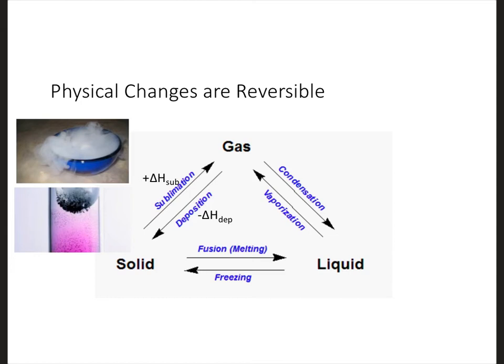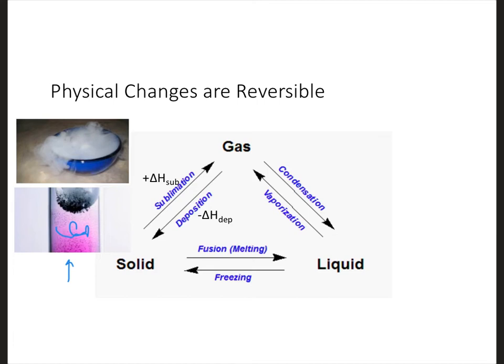For sublimation and deposition, same type of process. If I have a solid and I want to excite it to the point where I can turn it into a gas, which is this sublimation going on right here, I'm going to have to put energy into that. That's going to be endothermic.